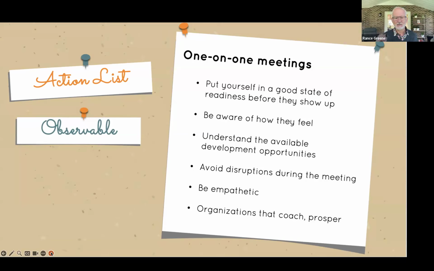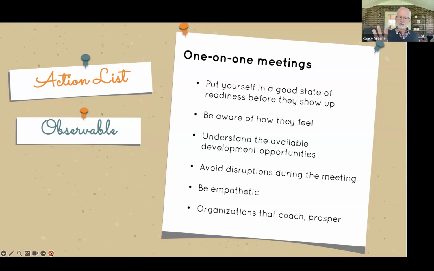So we need to look for positive, observable actions. That is what needs to make it onto our action list. And I would say this is the one thing that makes stories not work for training. This is the main thing. If this is gotten wrong, stories for training do not have an impact.